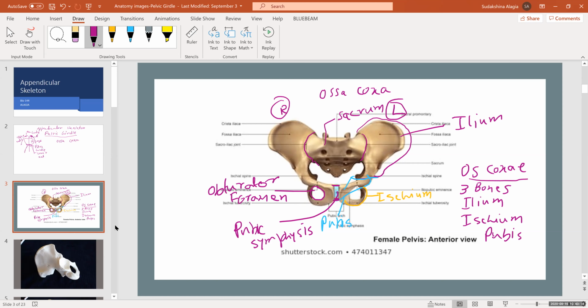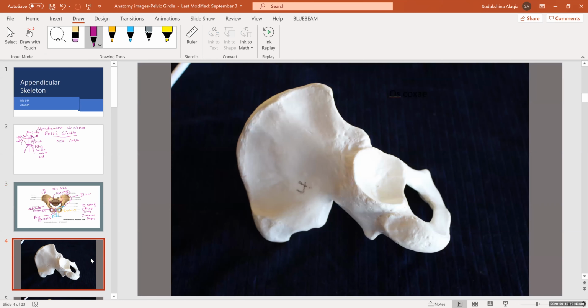So ilium, pubis, ischium, obturator foramen, pubic symphysis. The pubic symphysis gives away how the bone will be present within the human body. So let's look at this. So ilium.